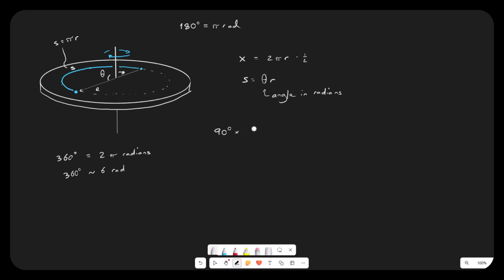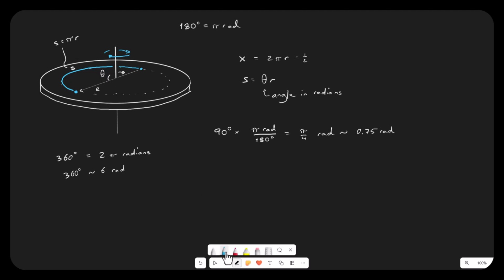I can say 90 degrees times pi radians over 180 degrees. 90 over 180 is a half, times pi is going to give me pi over 2 radians. If the pi part is problematic for you, pi over 4, pi is about 3, it's about 0.75 radians. Not a big deal.